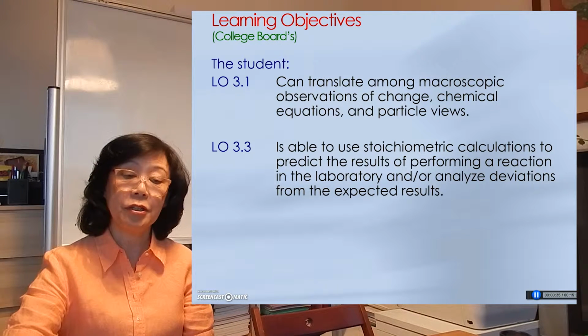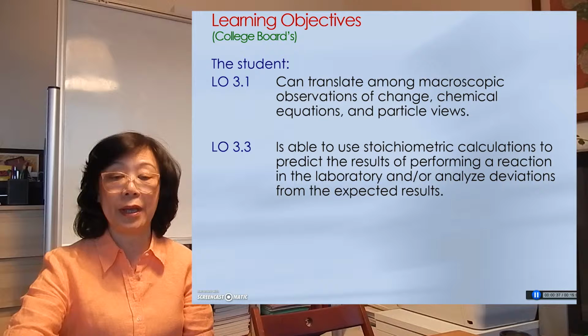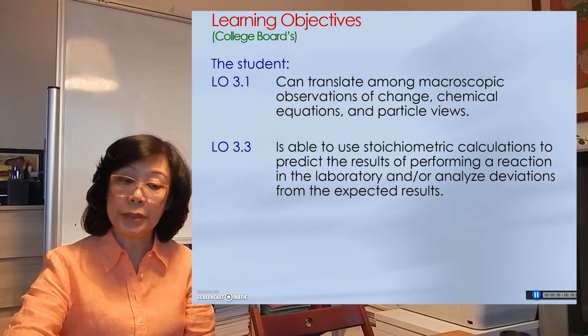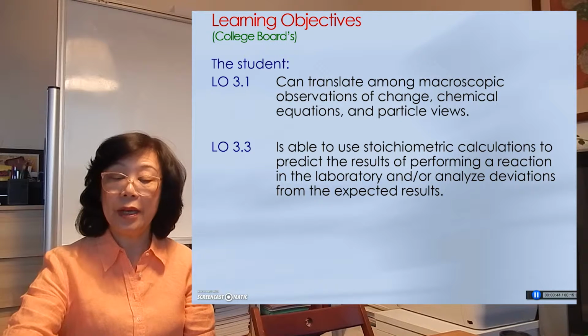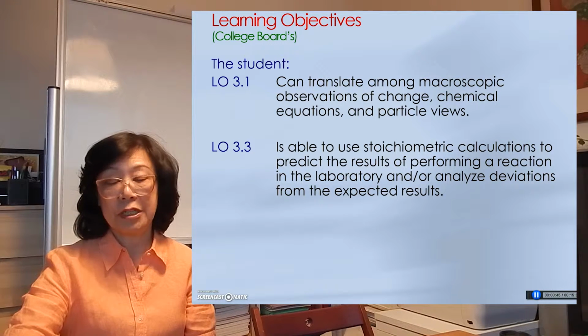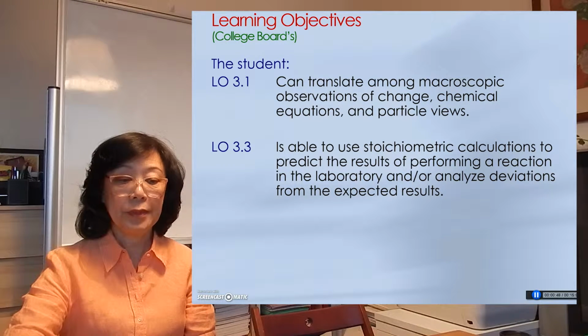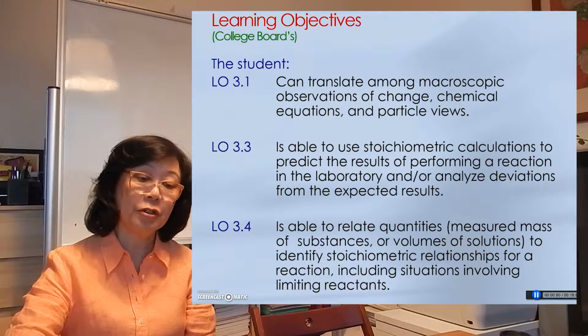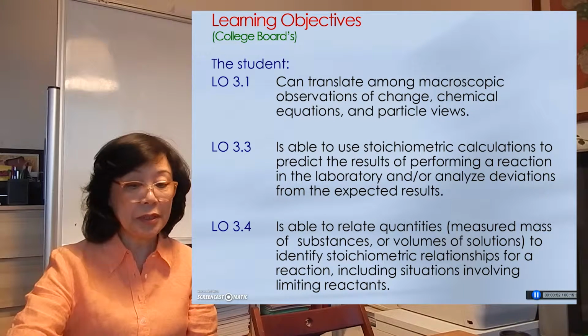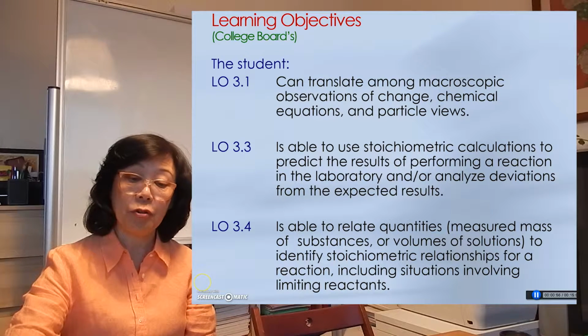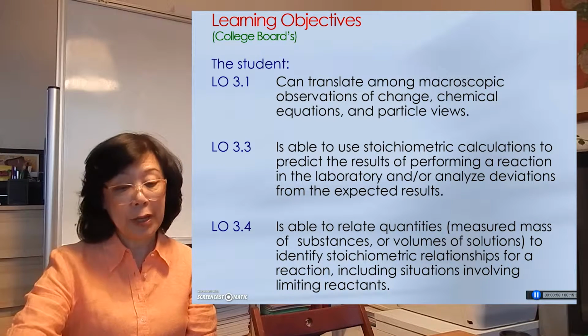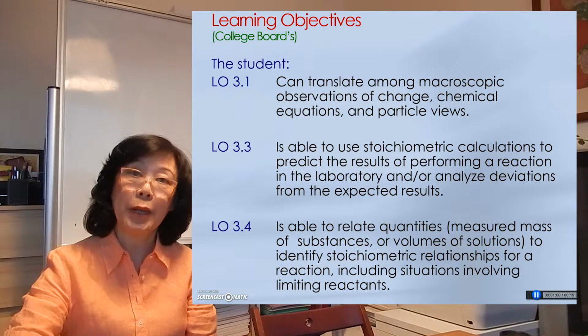LO 3.3, that the student is able to use stoichiometric calculations to predict the results of performing a reaction in the laboratory and analyze deviations from the expected results. Last one, LO 3.4, students able to relate quantities, meaning mass, volume, to identify stoichiometric relationships for a reaction, including limiting reactants.